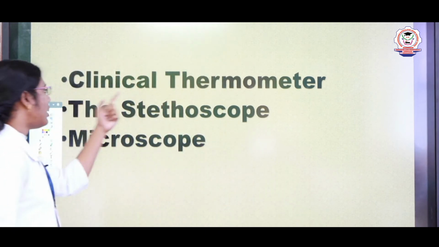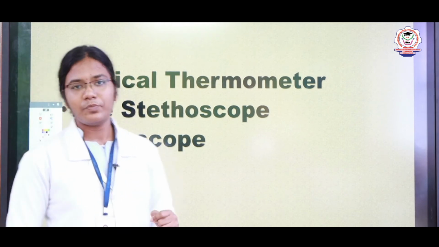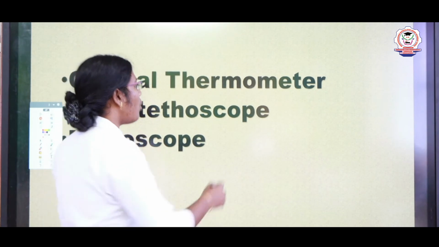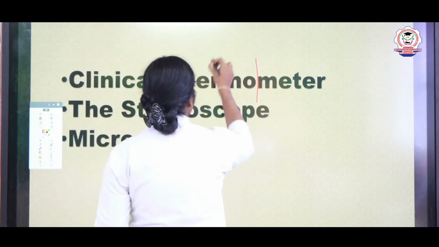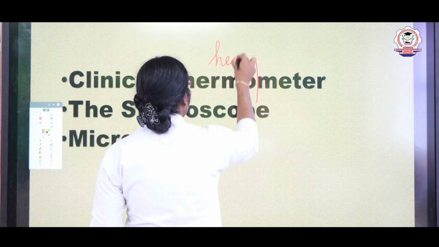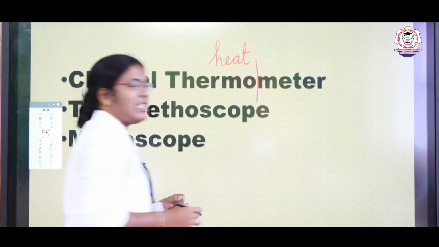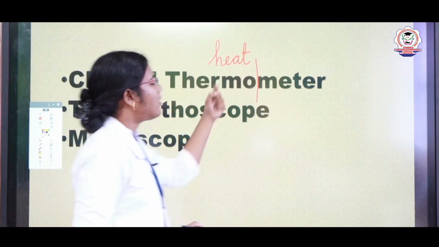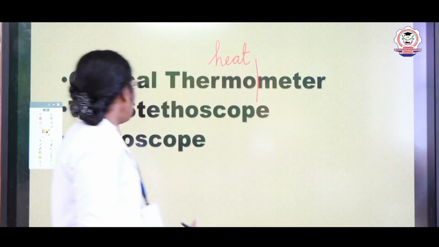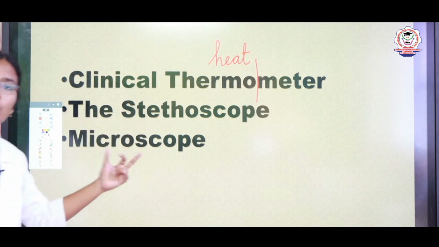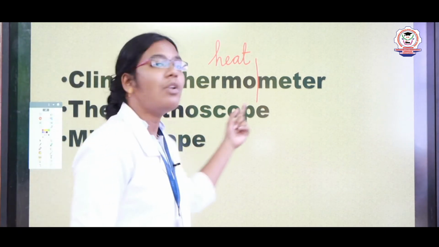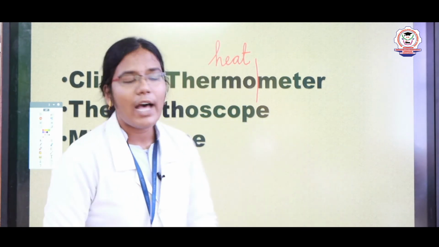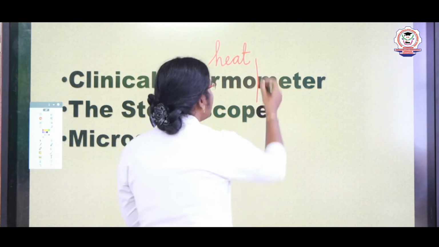First, what is a thermometer? What is the use of a thermometer? The word thermo refers to heat, and meter means it measures. So the clinical thermometer is used to know the exact body temperature.